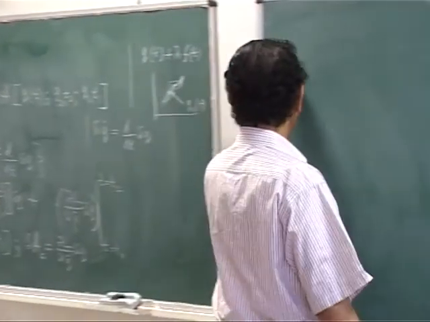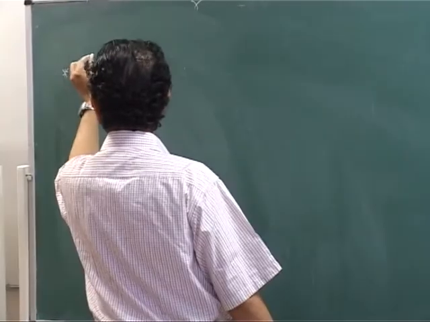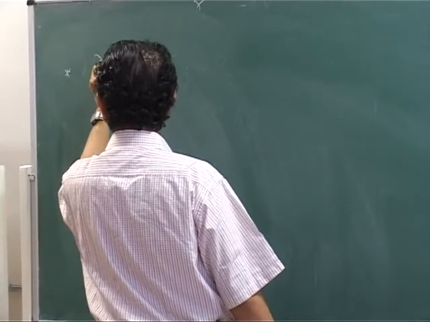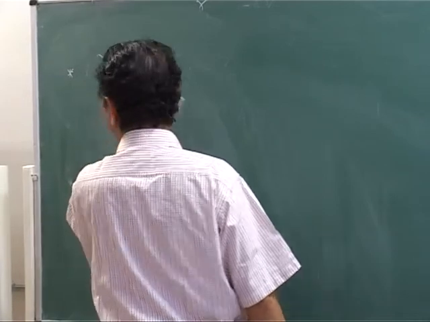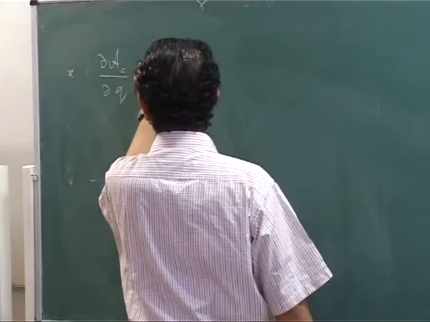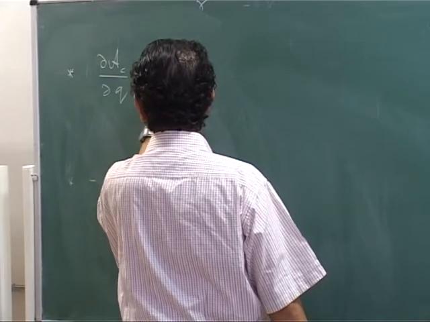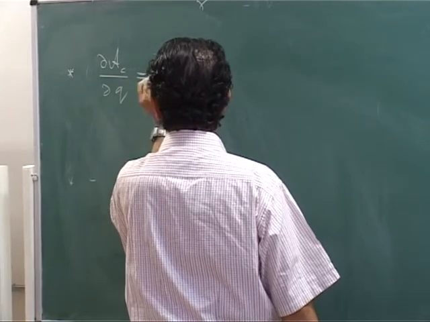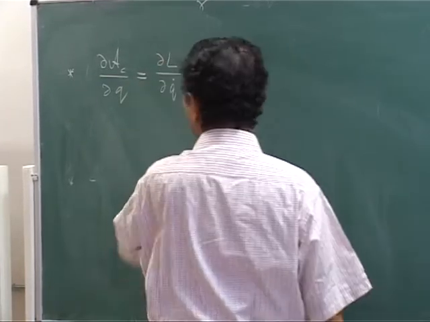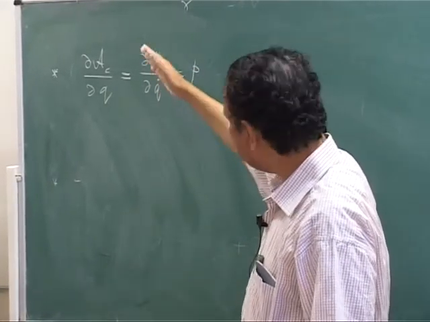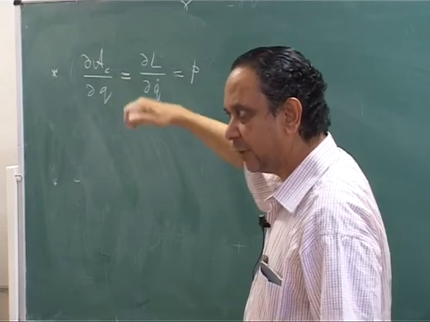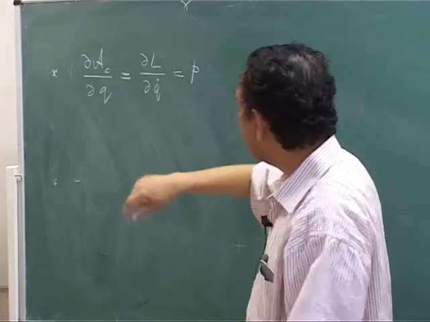Therefore, I get the result that d of AC with respect to dq, which is the endpoint variation, is equal to dl by dq dot. But dl by dq dot is what you would have called the canonical momentum. So, you get the relation that the variation of the classical action with respect to the endpoint variation defines for you the canonical momentum.